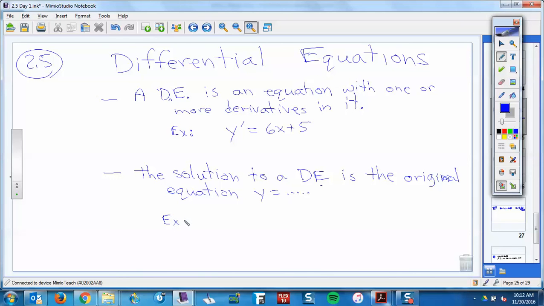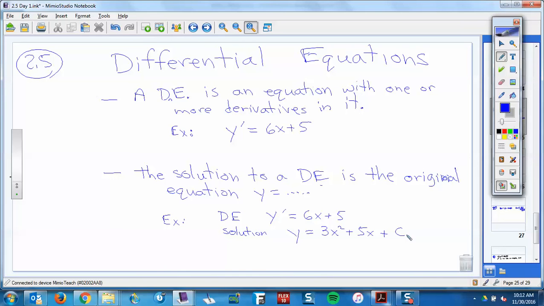So, the one I just showed you. If we had the DE y prime equals 6x plus 5, then Cesar would be exactly right. The solution would be y equals 3x squared plus 5x plus c. So now think about this.